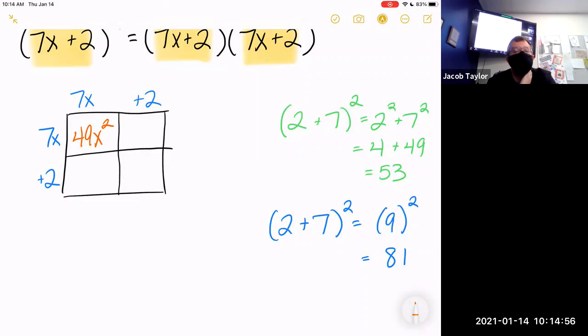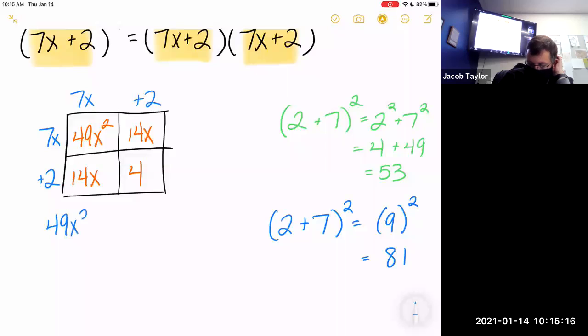And then it's 14x. And then what's negative 14x? Nope, no negatives because it's all pluses. Oh, I thought it was negative. My bad. And then 4. Good. I said we weren't going to solve this one, but hey, if you want to solve it, don't let me stand in the way of your dreams.